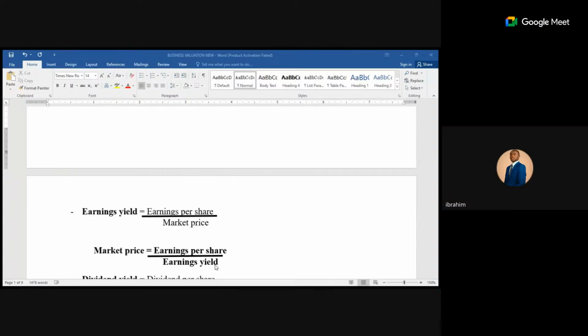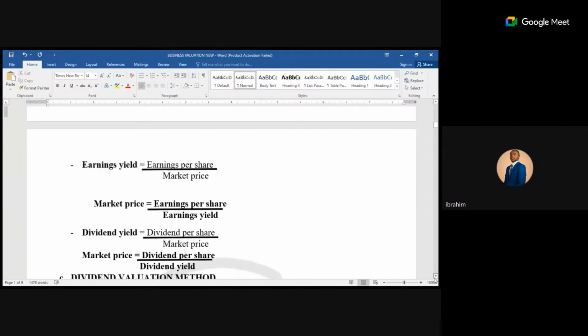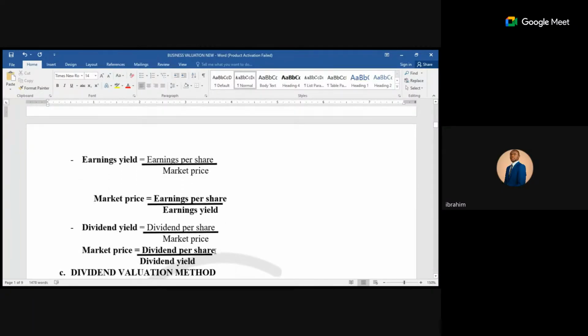When you make earnings yield the subject of the formula, you have the price that you will pay for that business. You can multiply it by the number of shares. It will give you the value that you will pay for that.